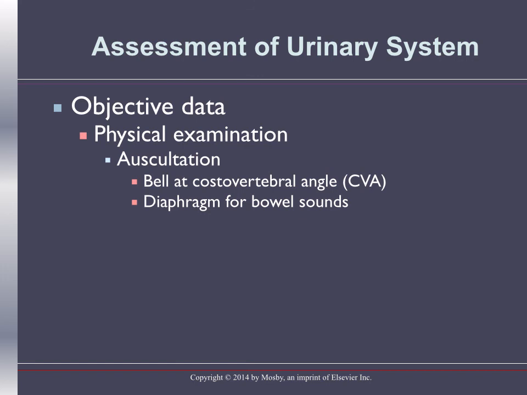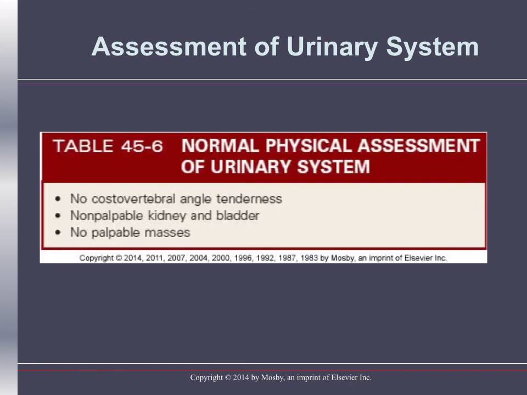And you can use the diaphragm of the stethoscope to auscultate the bowels, because they too may affect the urinary system. The normal physical assessment of the urinary system should show no tenderness at CVA, non-palpable kidney and bladder, and no palpable masses.